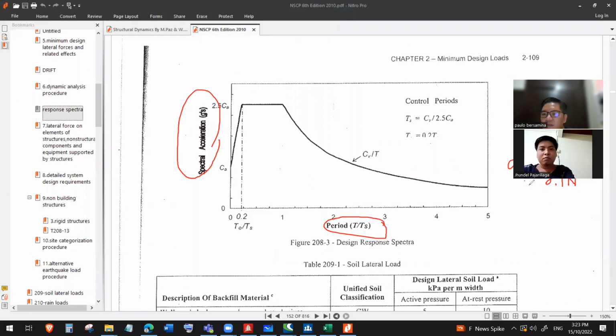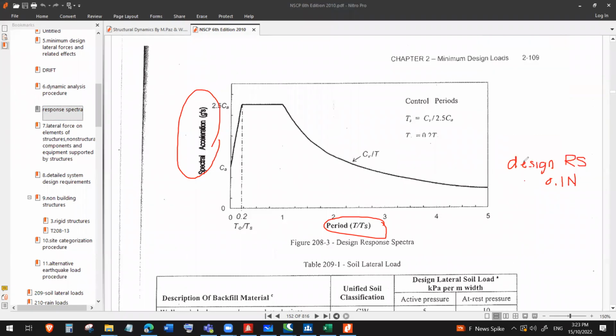So T is approximately 0.1 N. So a 5-story could be around 0.5 seconds. So kung hanapin natin dito, let's say this is 0.5 seconds. So that will give you our spectral acceleration.